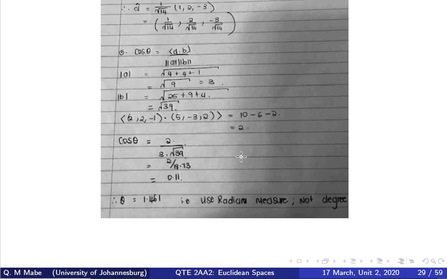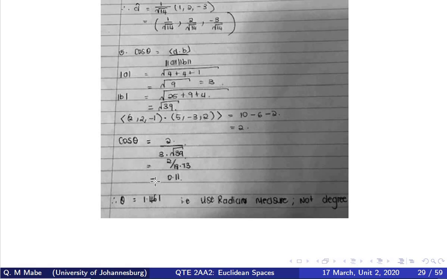So the cos of theta, we have A dot B, we have the distance of A and B. It means we're in position to find the angle between these two vectors. A dot B is 2, and the distance of A is 3, that of B square root of 39. I simplify further.